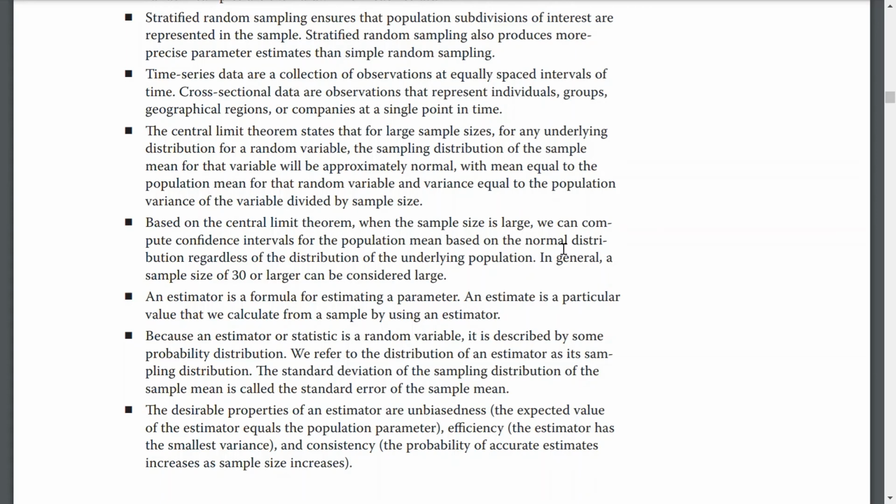It also produces more precise parameter estimates than simple random sampling. Time series data are a collection of observations at equally spaced intervals of time. Cross-sectional data are observations that represent individual groups, geographical regions, and companies at a single point in time.